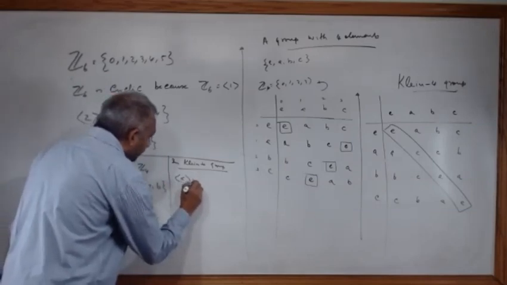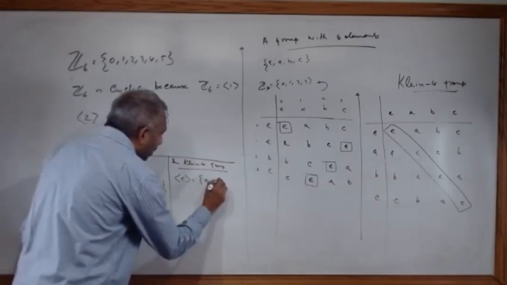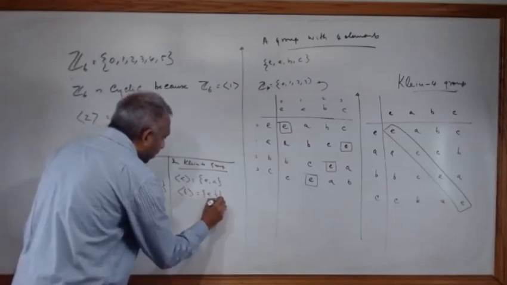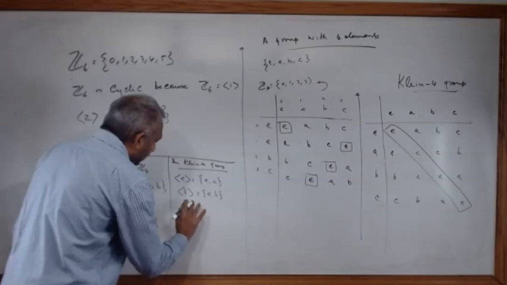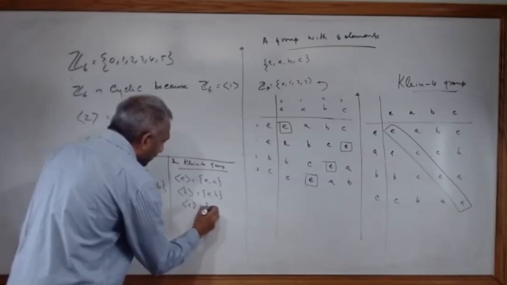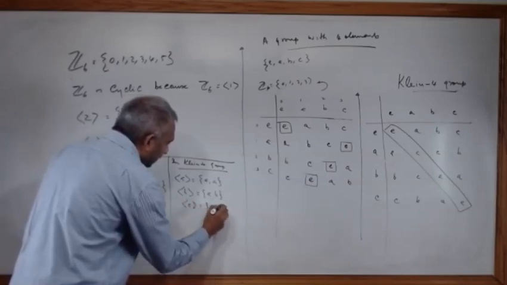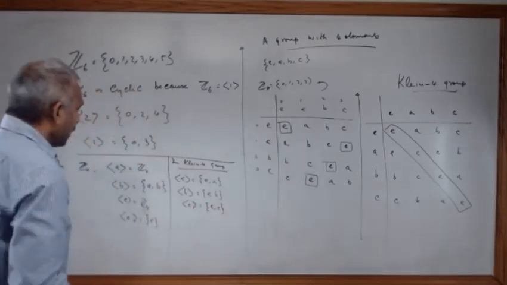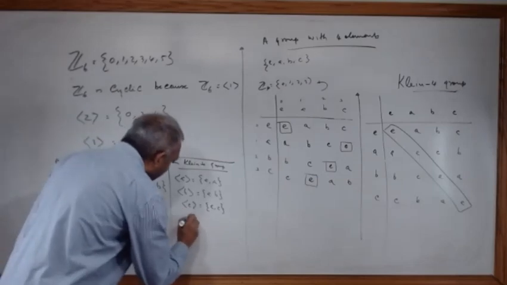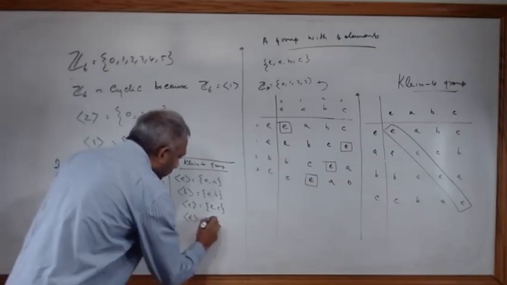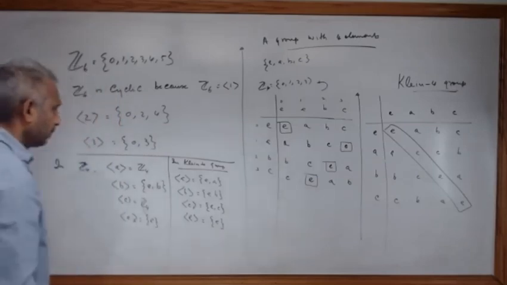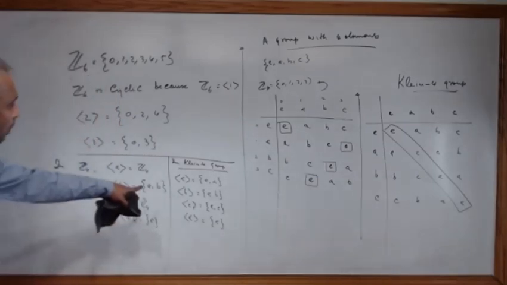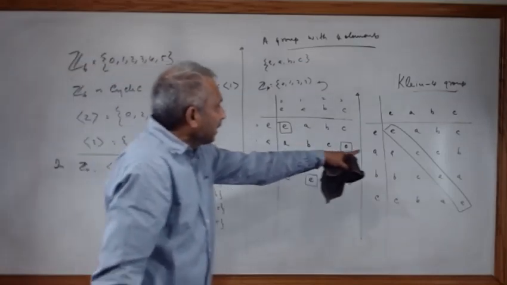A is equal to EA, and B is equal to EB, and C is equal to EC, and E is equal to just E. So the subgroups generated by these elements are different.